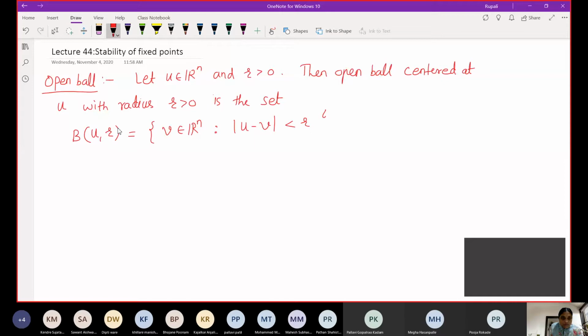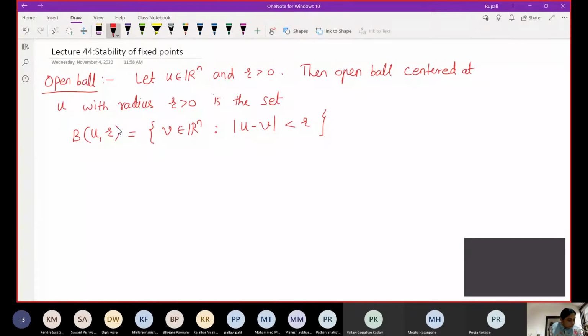But we want an open ball definition. So the set of all points V in Rn for which modulus of U minus V is strictly less than R comprises the open ball centered at U with radius R.